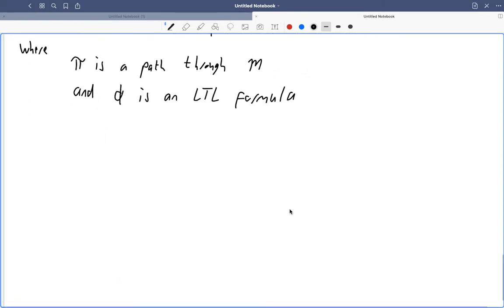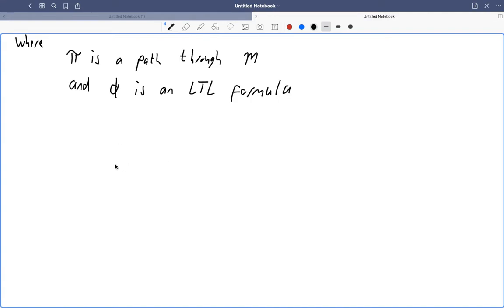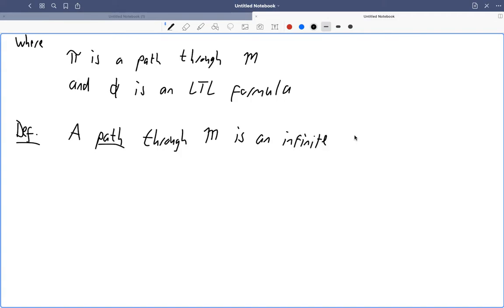So we should define a path precisely. Before specifying the relation, we need to define what we're talking about. Definition. A path through a transition system M is an infinite sequence of transition-related states, as you would expect.